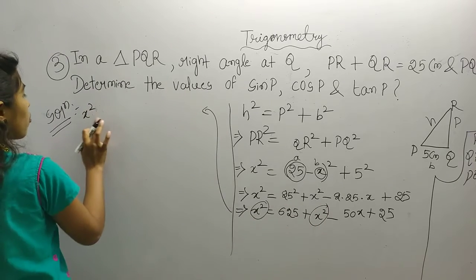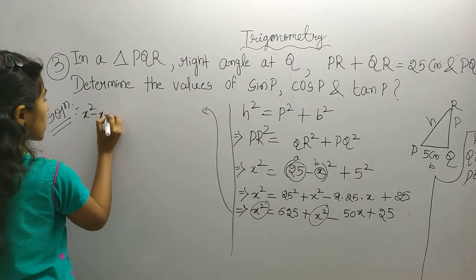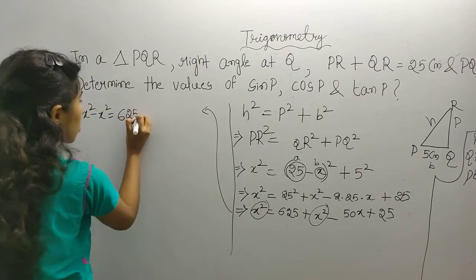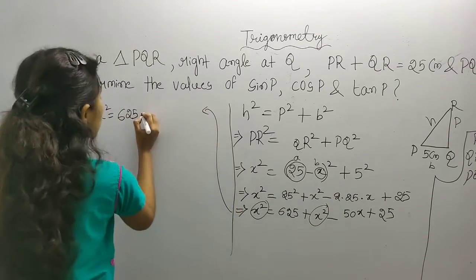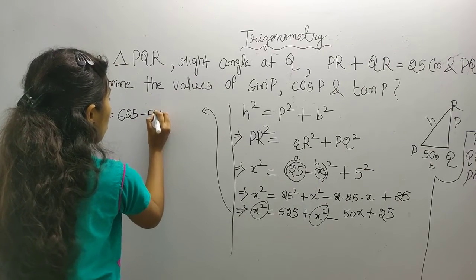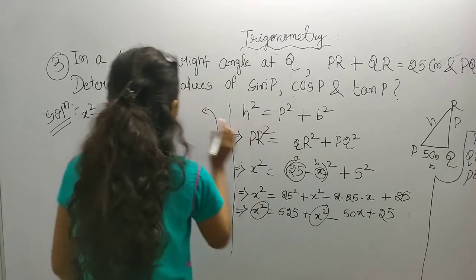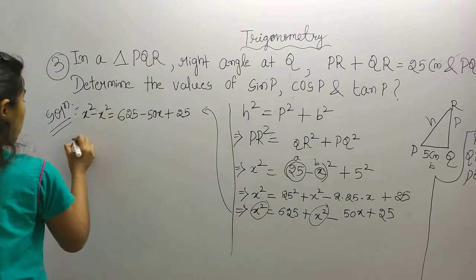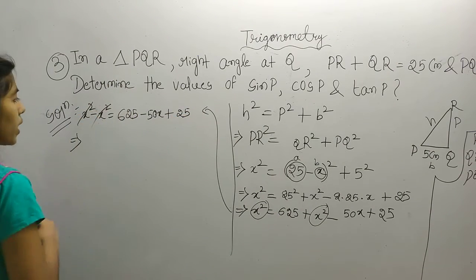Then it will become x square minus x square equals to 625 minus 50x plus 25. So x square will cancel.